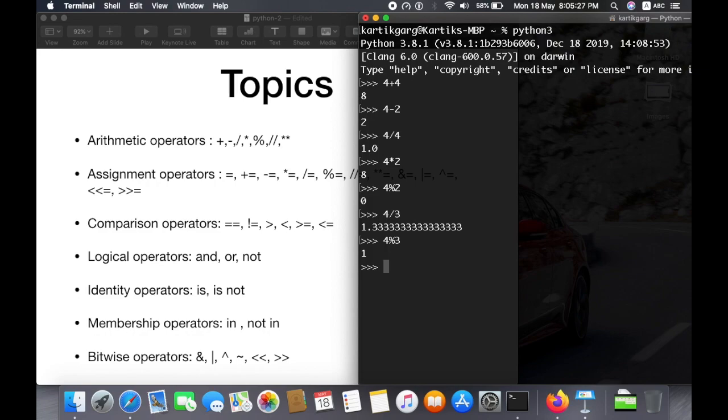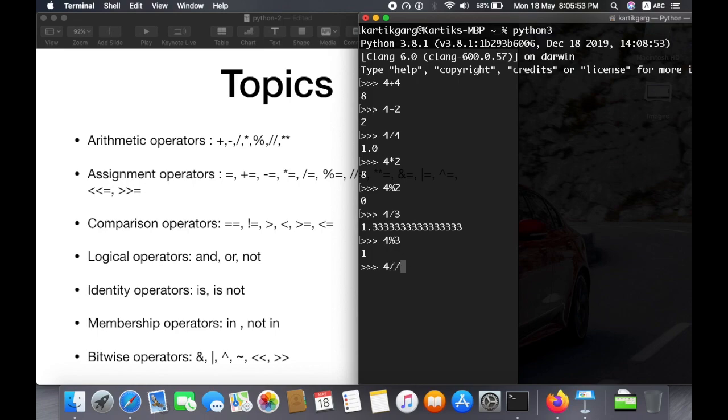And if we talk about this operator, this is called the floor division operator. It doesn't give you the fractional value. Like in the case of 4 divided by 3, we got 1.33. But if we use floor division, then what will floor do?